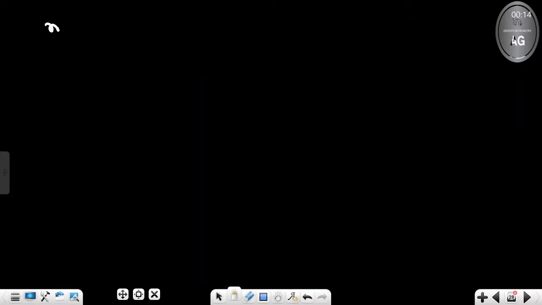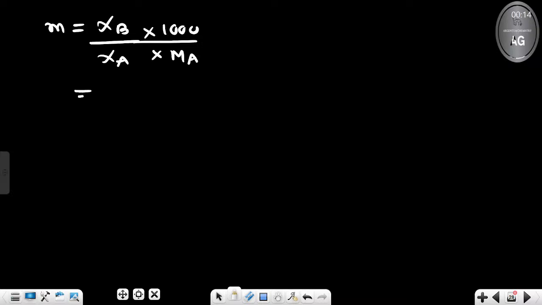Molality m equals chi b by chi a into 1000 divided by Ma. Chi b is given as 0.1, chi a is 0.9, Ma I don't know because that is what we have to calculate.